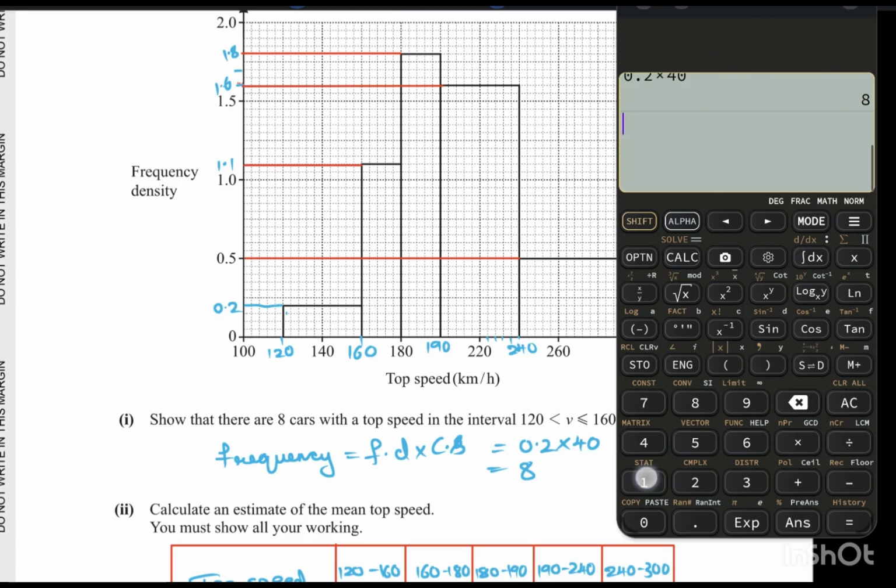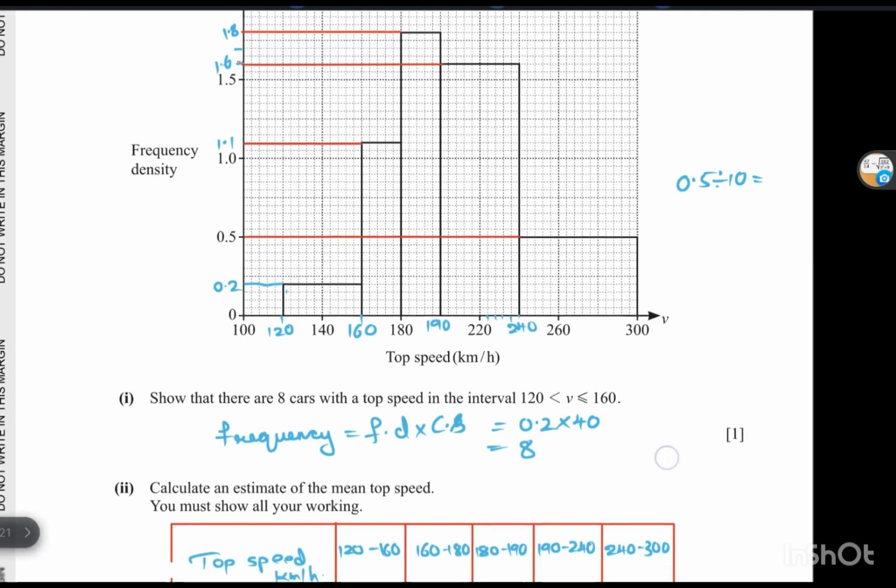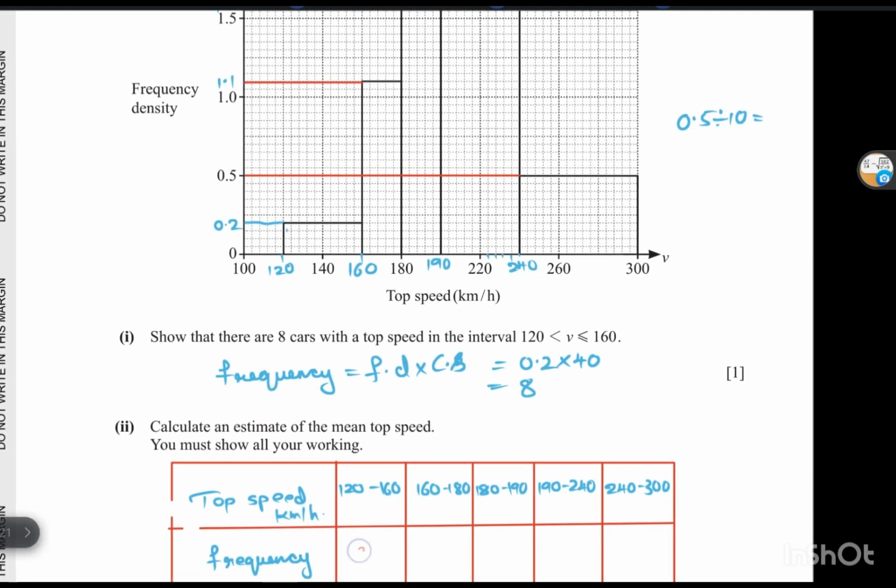So 1.1 into 20 is 22. So let me write one by one: 8, 22.